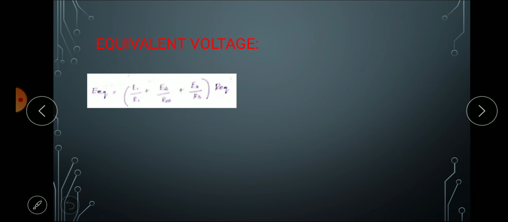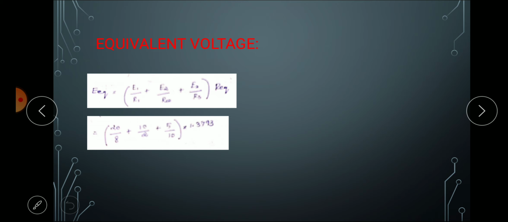The formula for E equivalent is equal to (E1 divided by R1 plus E2 divided by R2 plus E3 divided by R3) into R equivalent. The R equivalent value we found is 1.3793. Substituting the E1, R1, E2, R2, E3, R3 and R equivalent values, we get the answer 11.0344 volt. The circuit can be redrawn.